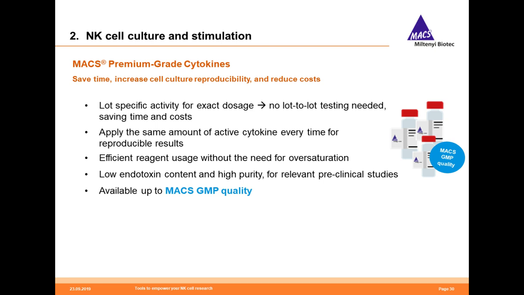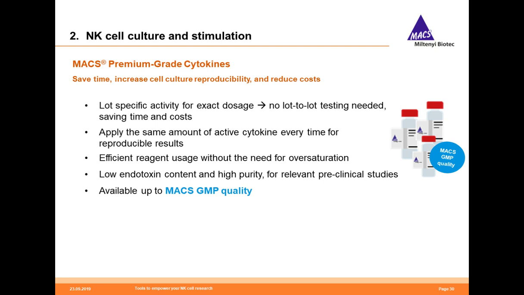So with our premium cytokines, you can rely on the lot-specific activity value that we provide you in a certificate of analysis. Using the cytokines, you do not need to do any pre-testing, which will save a lot of time and money, and you can apply the same amount of active cytokine in each and every experiment for maximum reproducibility.